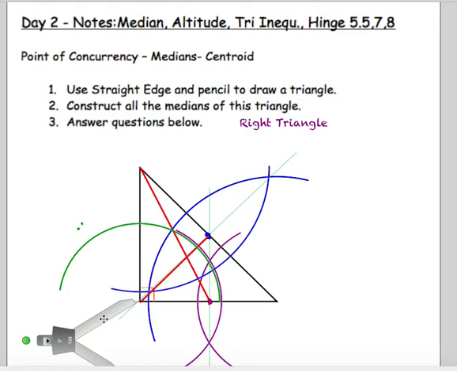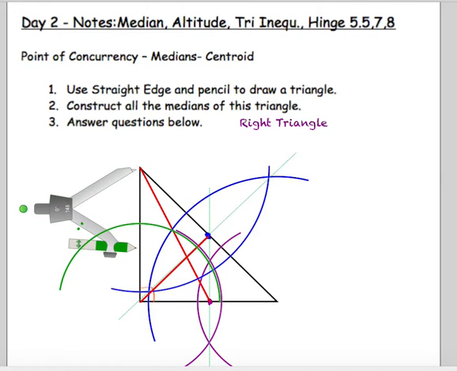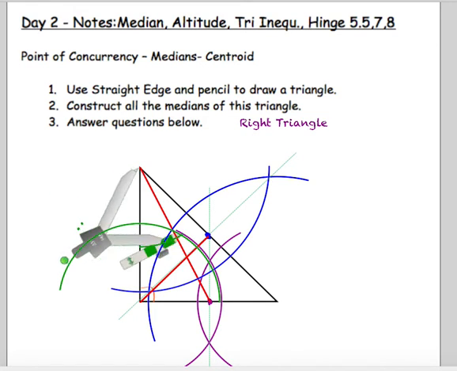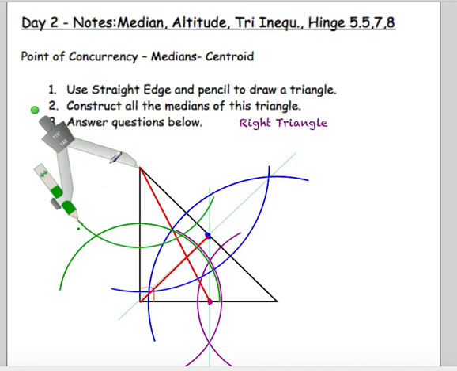Flipping that around. Bring it to the other end of that side. Drawing the arc. Connecting with a straight edge. That point on the edge of the triangle is the midpoint, and I need to connect that point with the vertex across from it, the only angle that you haven't drawn a red line from.